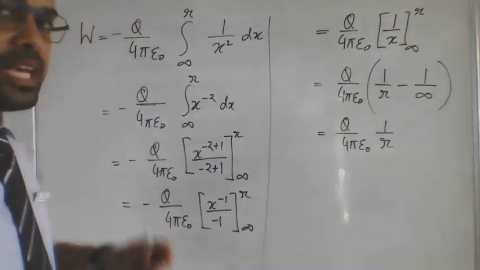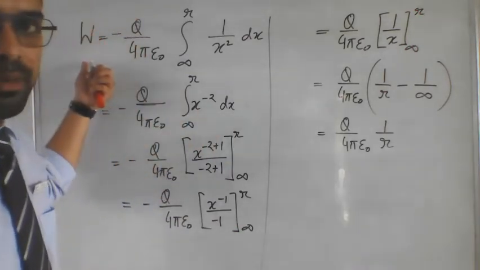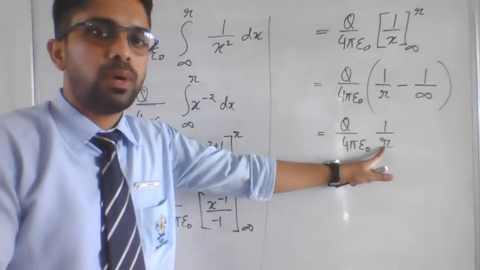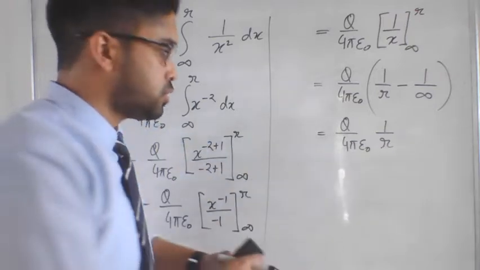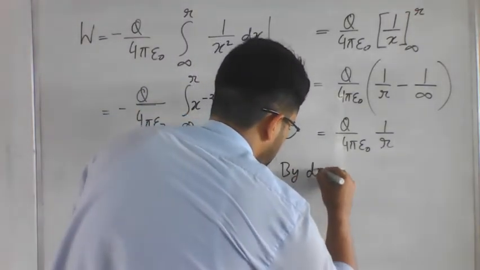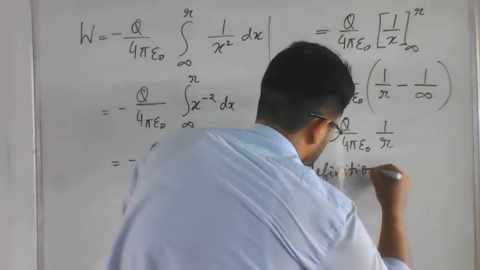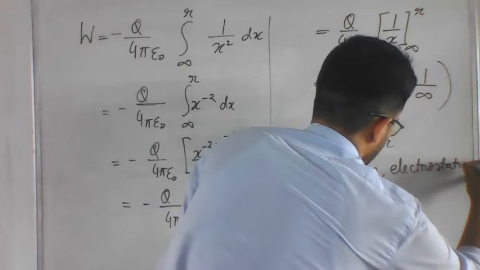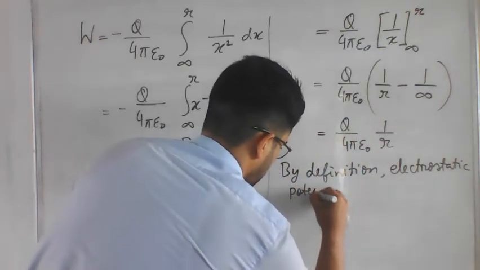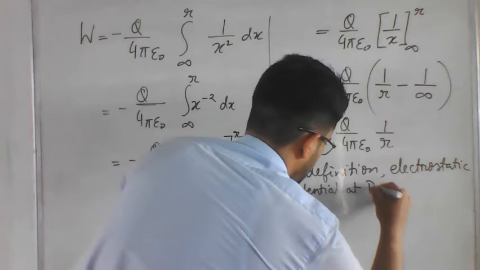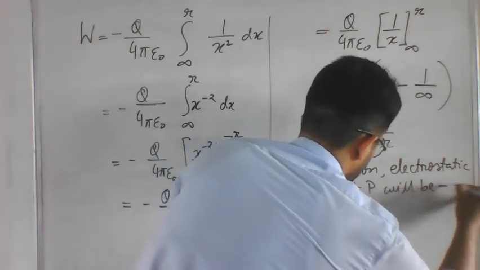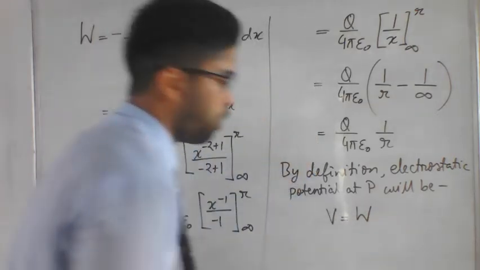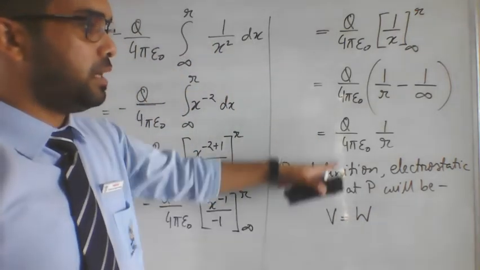Okay. But you see, as per definition, this work done that we have found in bringing the unit positive charge from infinity to a distance r, this is what we call the electrostatic potential, right? So by definition, electrostatic potential at P will be V, that is equal to the work done, and work done we have got exactly as this expression.